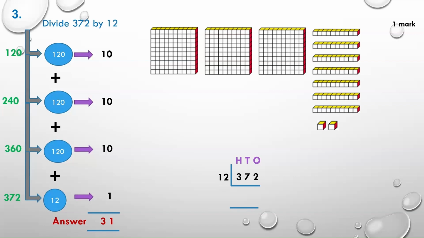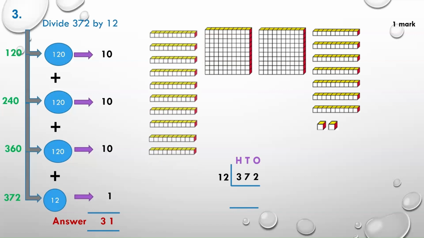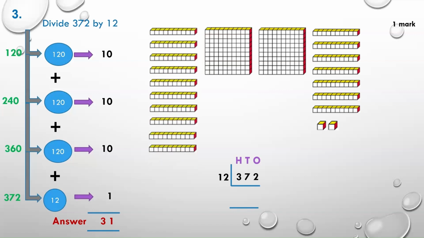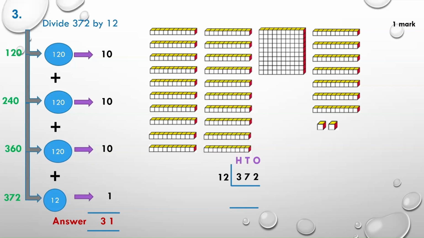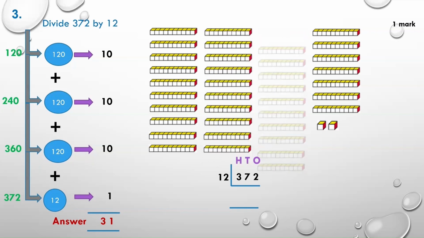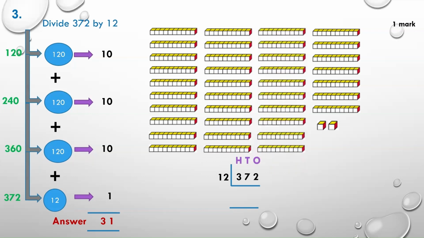Well, not how they're looking presently, but if we replace one group of 100 by 10 tens, and I now replace another group of 100 by 10 tens, and I replace the last group, so that's another 10 tens.